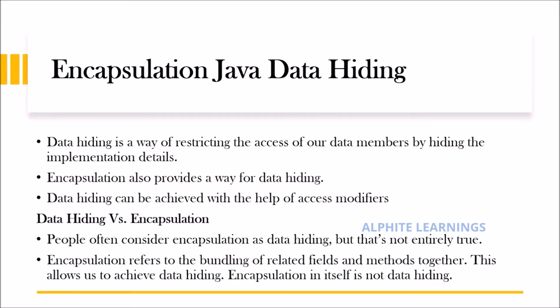If we want to expose it, we mention it as public. If not, I have to restrict the access, then we will change the access modifier appropriately, and we will be changing the access of the data. So encapsulation also provides a way for data hiding.